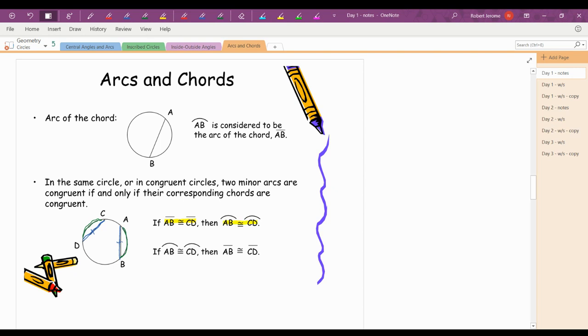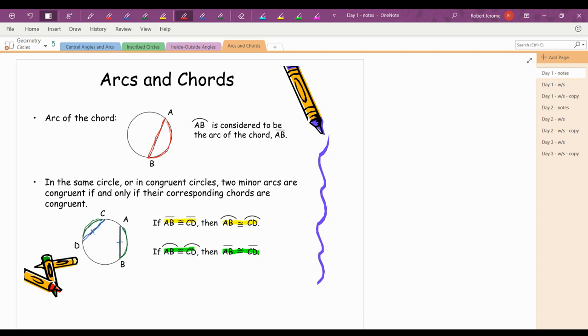And we can reverse that by saying if the arcs are congruent, then the chords that slice them off are congruent. So again, just like we want to match the angle with the arc, we want to match the chord with its arc, its intercepted arc.